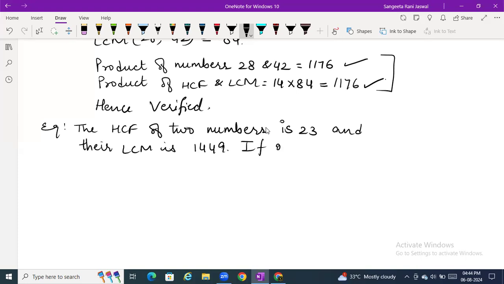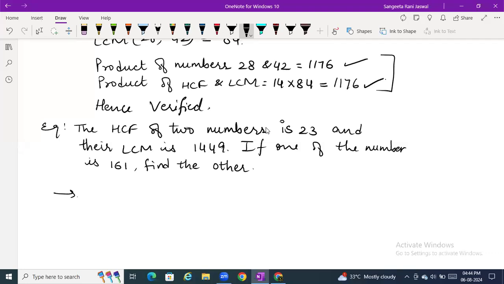If one of the numbers is 161, find the other.